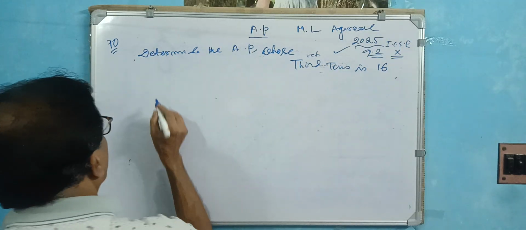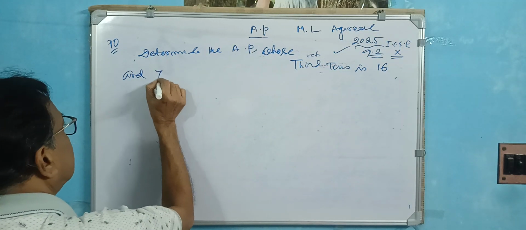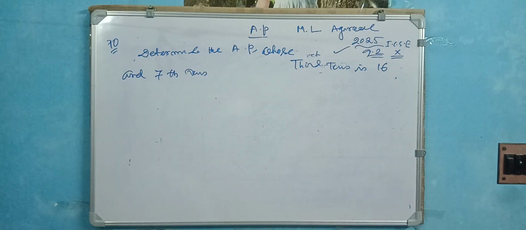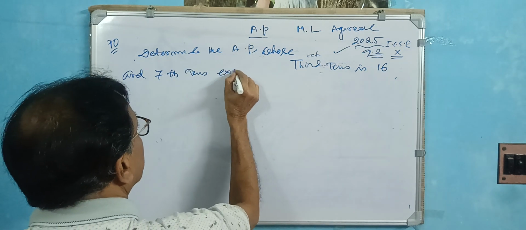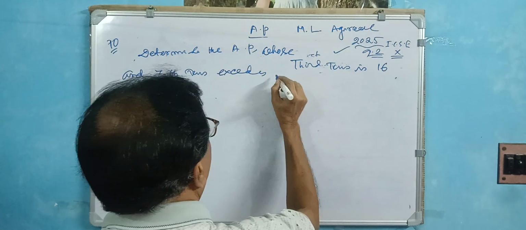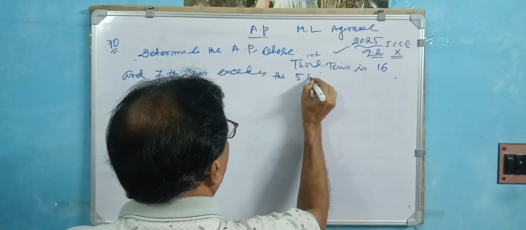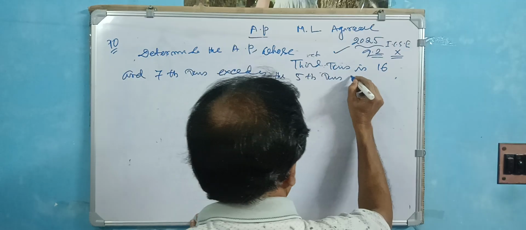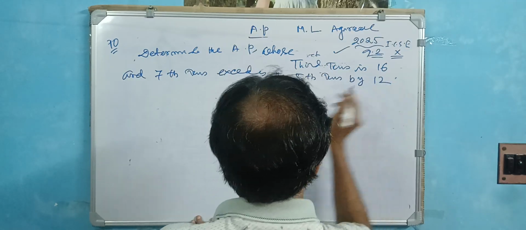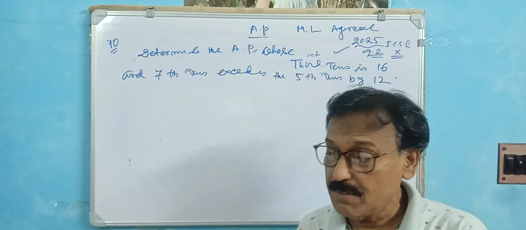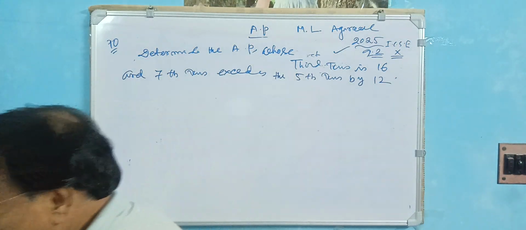And seventh term exceeds the fifth term by 12. মানে 7 টার্মটা 12 exceed করছে, 12 বেশি from the fifth term value.